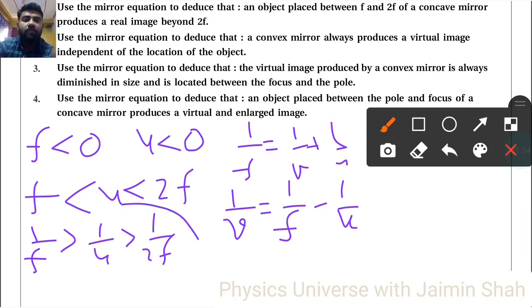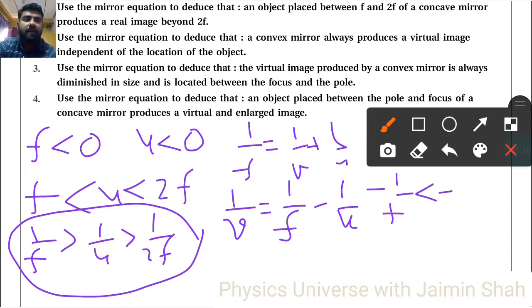Now in this equation, if I first give a negative sign to the whole inequality, we get minus 1 upon f less than minus 1 upon u less than minus 1 upon 2f.